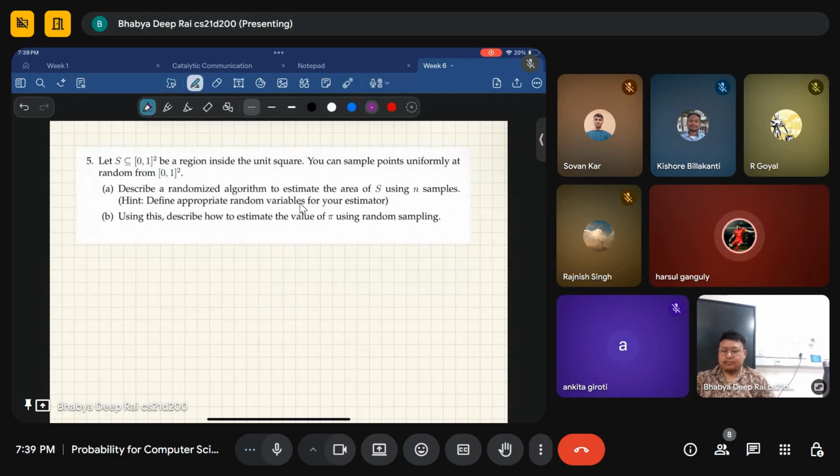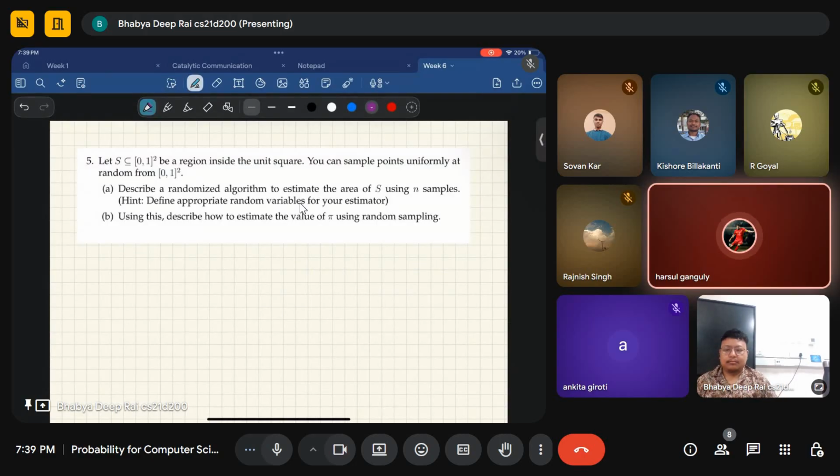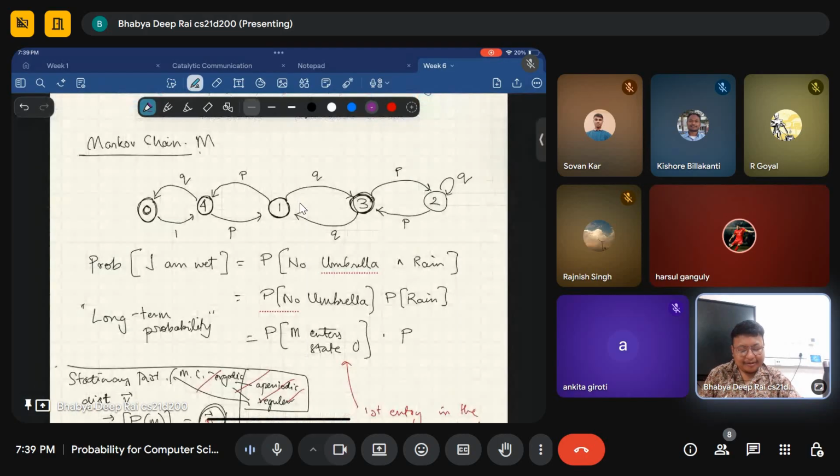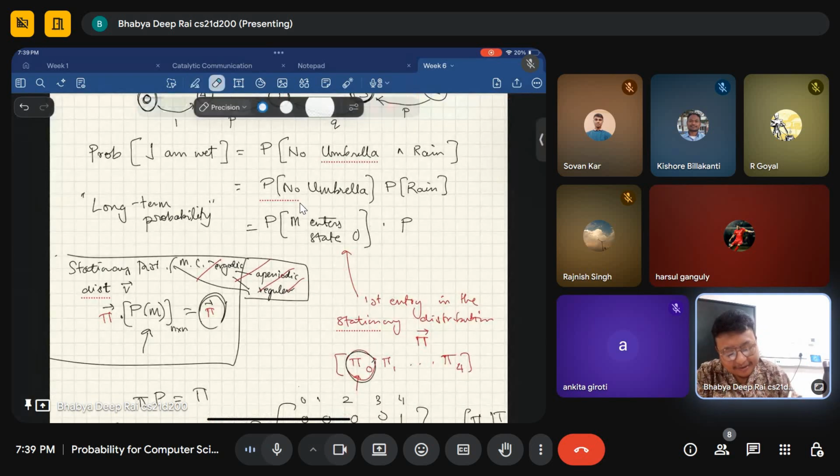Can you go to the page where you wrote this Markov chain is ergodic if it is irreducible and aperiodic? There I wrote regular. No, it should not be regular. This should be irreducible.